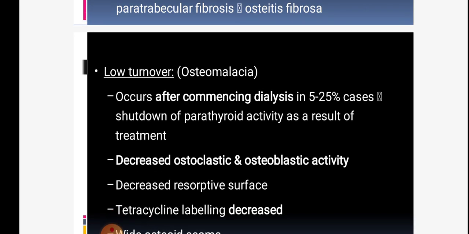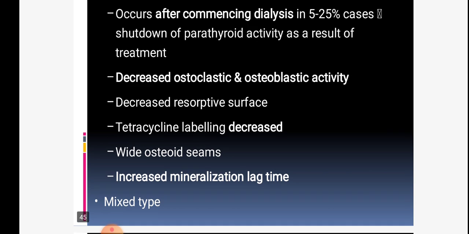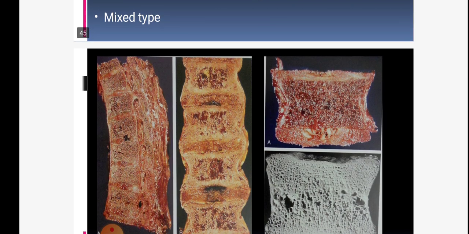It occurs after commencing dialysis in 5 to 25% of cases, shutdown of parathyroid activity as a result of treatment, decreased osteoclastic and osteoblastic activity, decreased resorptive surface, decreased tetracycline labeling, wide osteoid seams, increased mineralization, so mixed type.